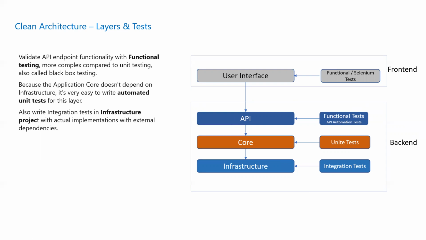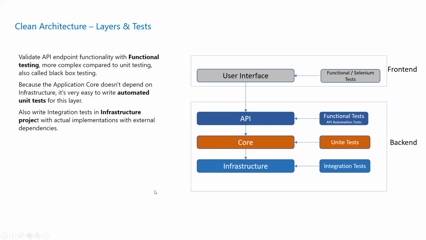Core will not have any dependency on any of these projects, so it easily adapts to unit test cases. You can write the unit test cases at the core level. And finally, the infrastructure will have the integration test cases, because you want to test that your database is working or your external services are working.